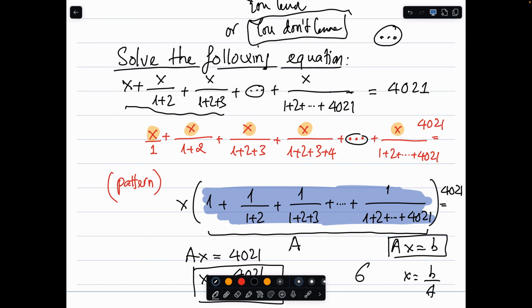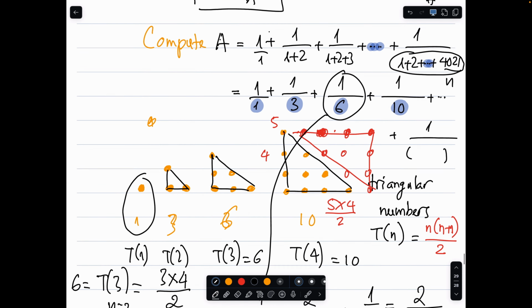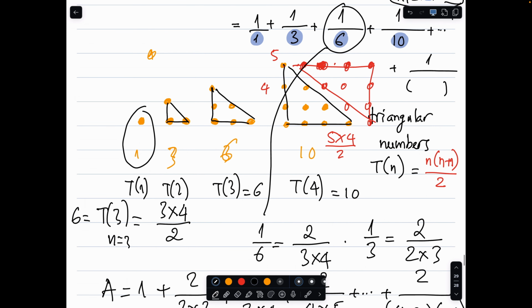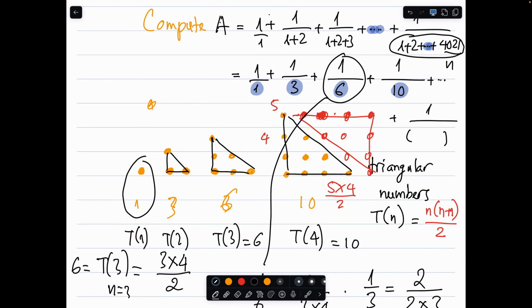Okay, that's one thing. The second thing is that I introduced you to triangular numbers, and this is to show you that there's a strong connection between algebra and geometry. This is something that is not emphasized in the school curriculum.